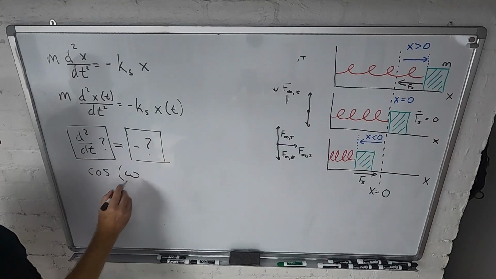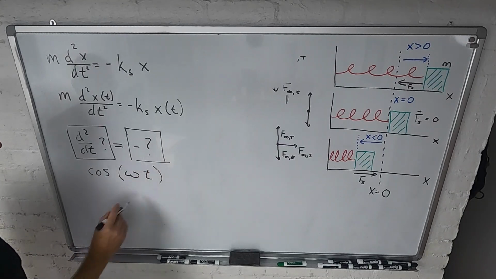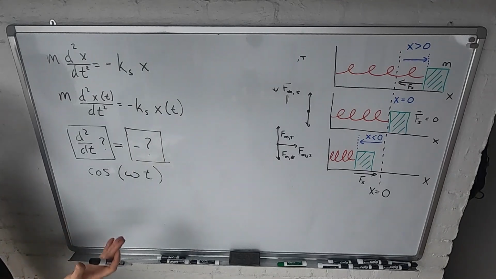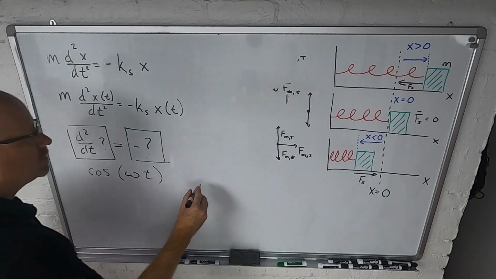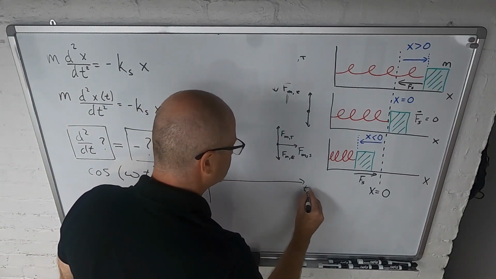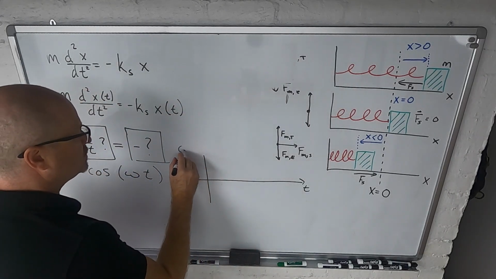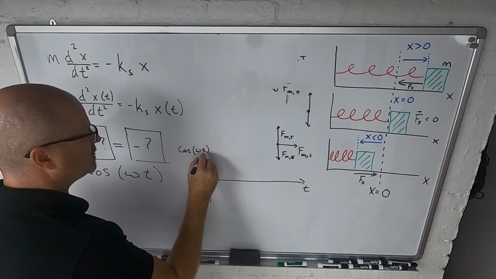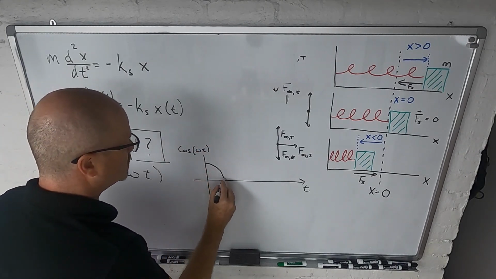I'm just going to put an omega here times t. This is just a cosine of anything as a function of time. Cosines and sines can have time dependence. So if I put time in here, this is going to be cosine of something times time. That's the frequency, it turns out.